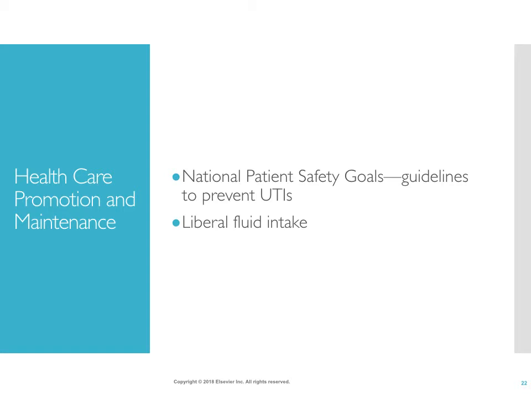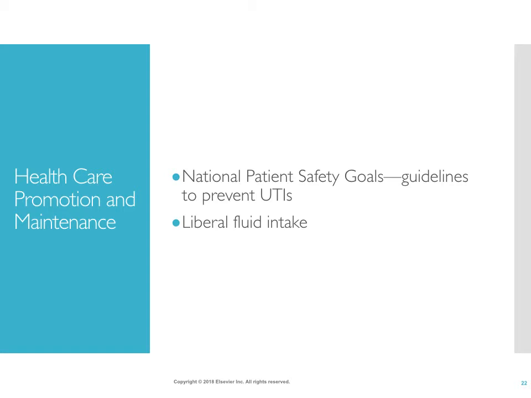One of the other things that we do is we want to make sure that unless they have some other reason for it, that we give our patients a liberal fluid intake. It's kind of like if you have enough going in, you're going to flush out whatever might be trying to come up the urethra into the bladder and cause an infection. So the more you drink, the healthier your kidneys and your bladder and your urinary system is.